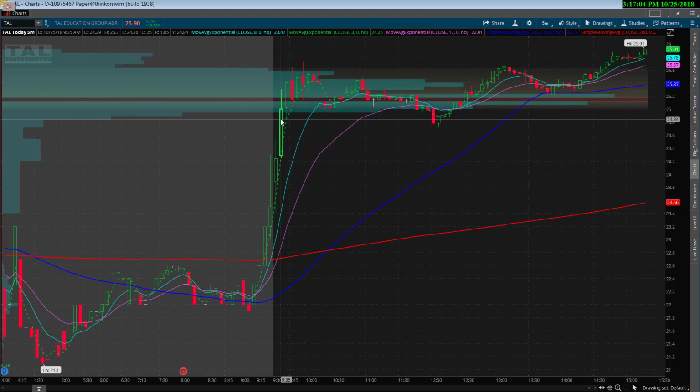Then the pros take over. At that 2 to 5 minute level, that's when the real movement takes over, the real buyers, the professionals. They're usually just selling to us when we're buying in that first 2 or 5 minutes. So watch it, and that'll keep you out of trouble.